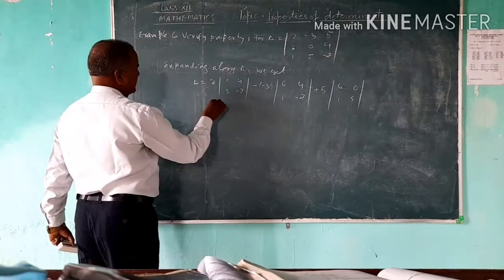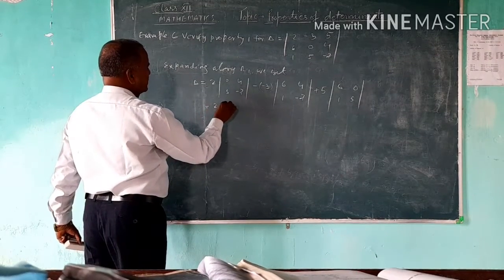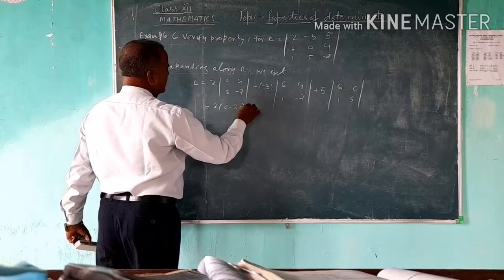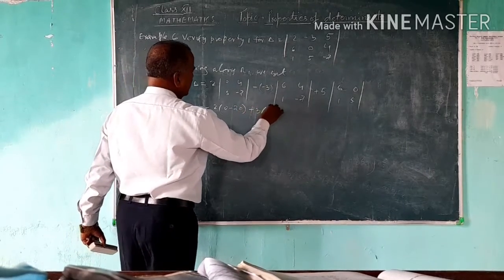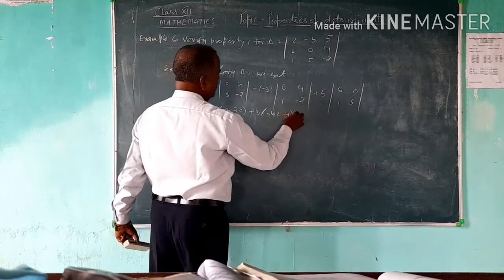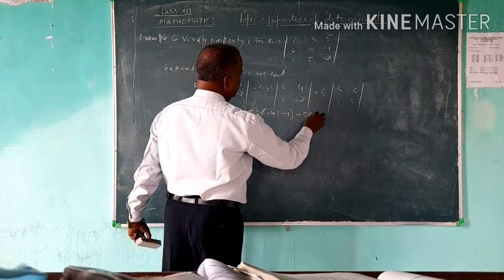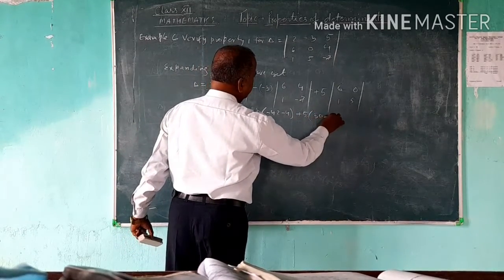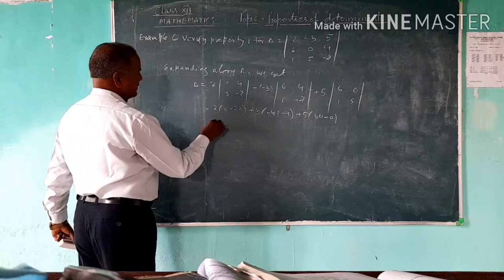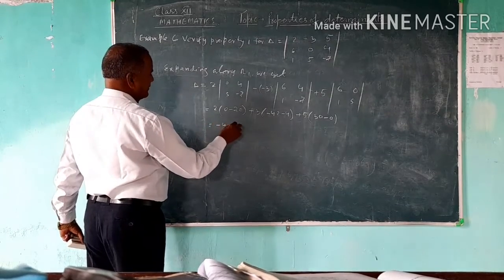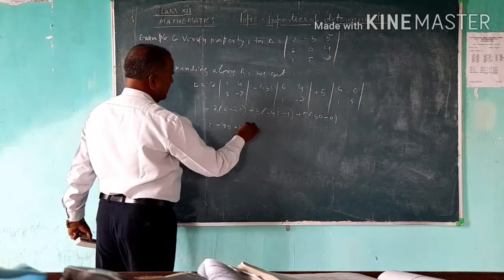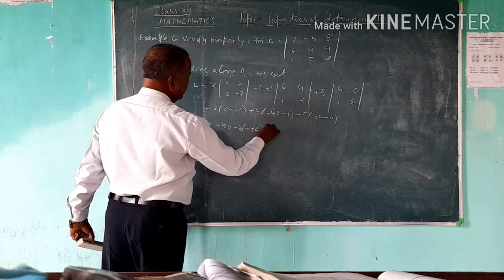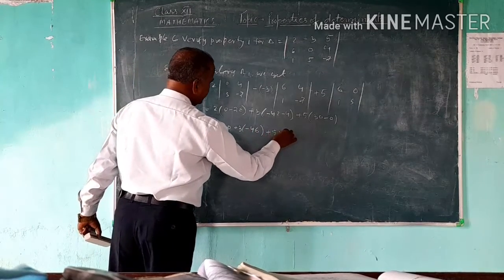So this is equal to 2 into (0 minus 20) plus 3 into (minus 42 minus 4) and plus 5 into (30 minus 0). So this is equal to minus 40 plus 3 into minus 46 and plus 5 into 30.